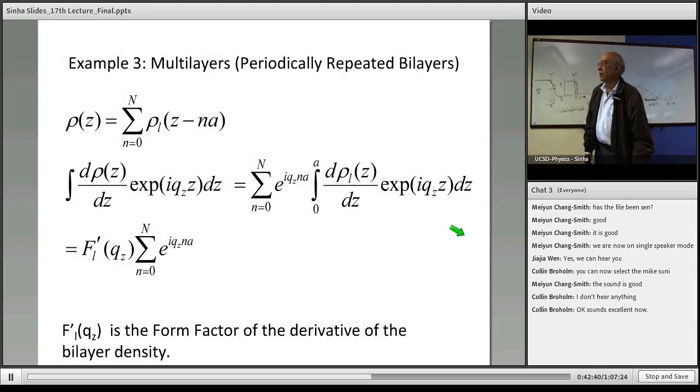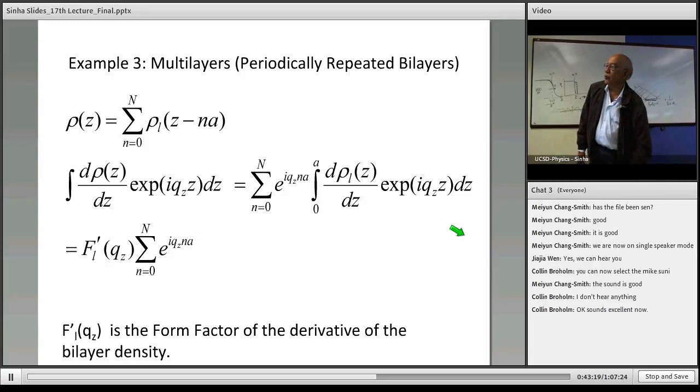Okay, the final example, which you can do analytically using that master formula, is to examine the reflectivity from a bunch of multilayers which are periodically repeated bilayers. So let's suppose, for instance, that one bilayer has a scattering length density which is centered on the position n times a, where n is an integer and a is the periodic repeat distance.